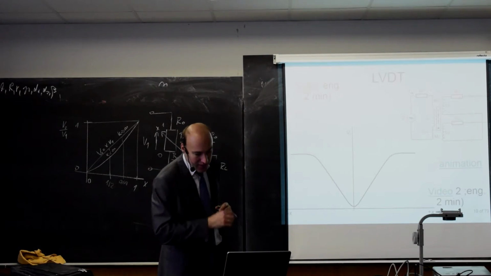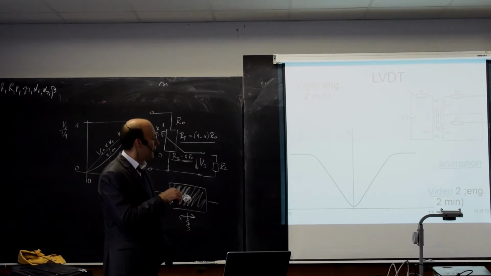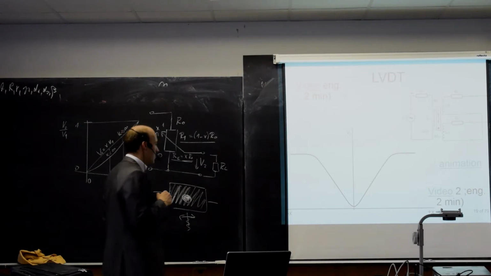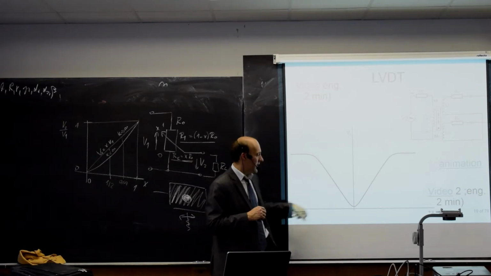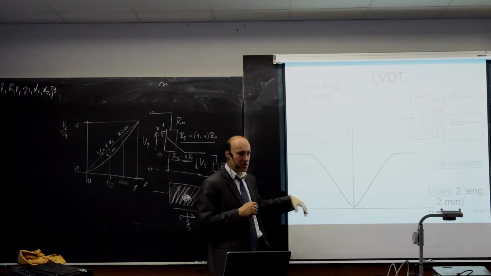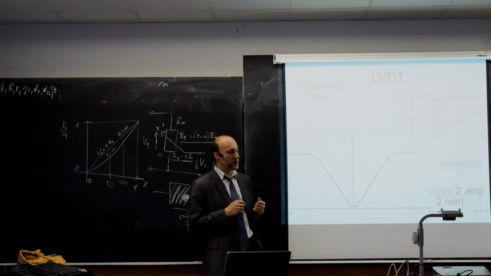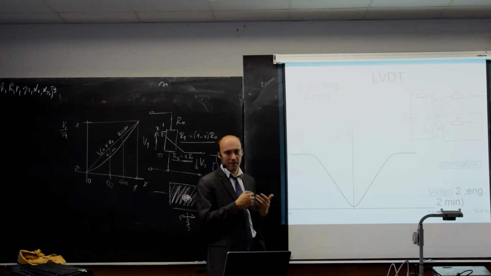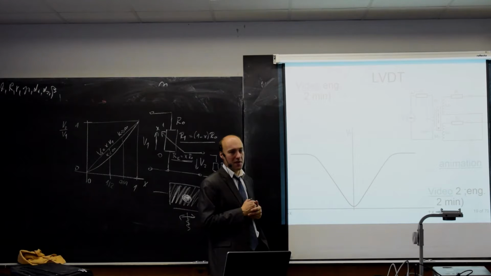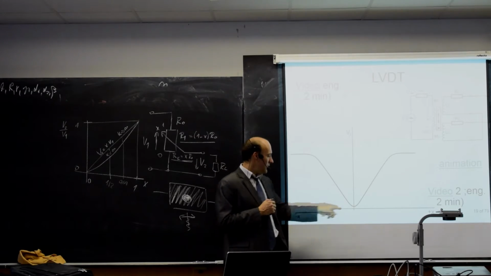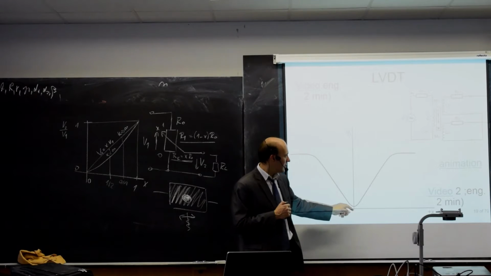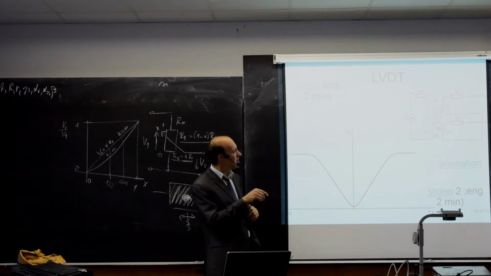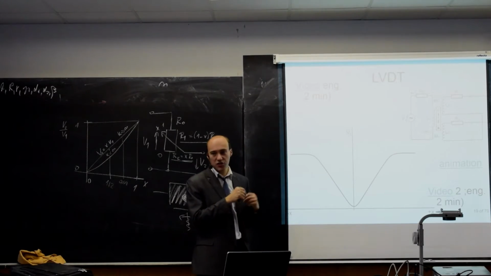The steady state characteristic typically looks like this. So here you have position. Now the boundaries are minus x and plus x. So the sensor measures in both directions, and the voltage at the output is the same. When you are in the central position, due to stray fluxes in the core, the voltage is not zero.